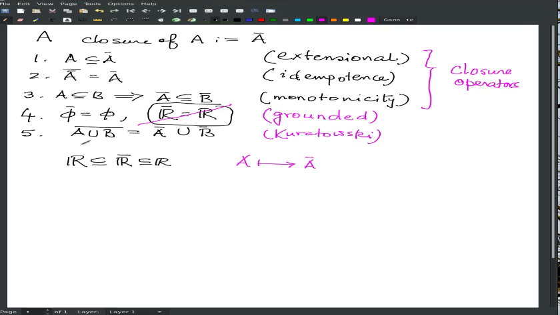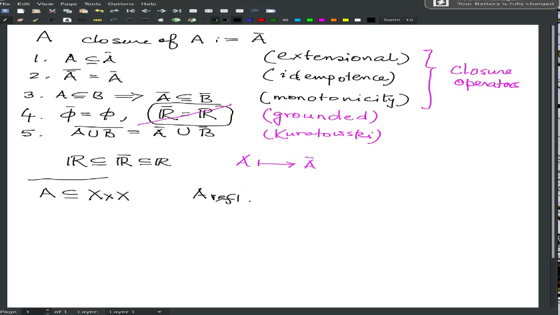Kuratowski closure operator means this, so closure operator plus 5. Obviously every Kuratowski, we will see later on, is always grounded. Now, strangely speaking, if you look into the reflexive closure, so A is a relation, and you're looking into the reflexive closure, say.